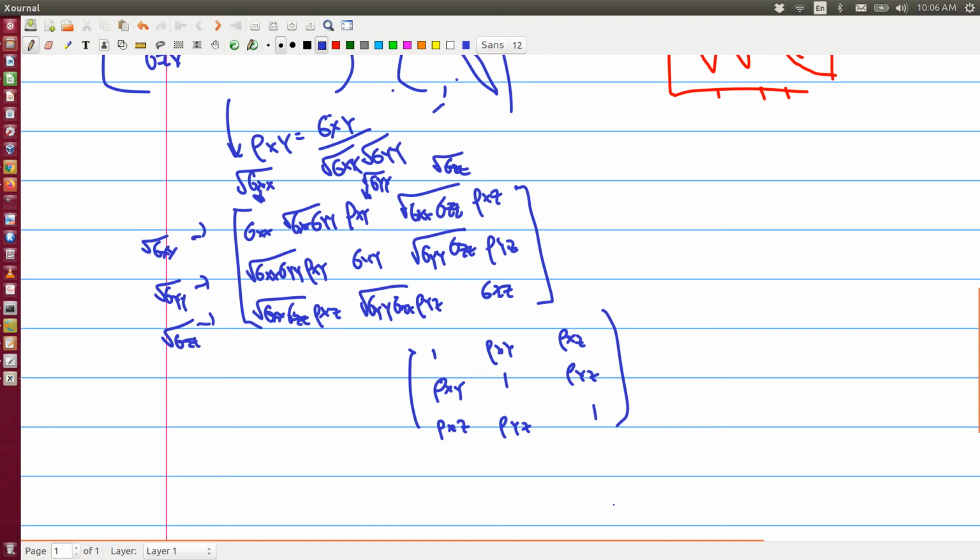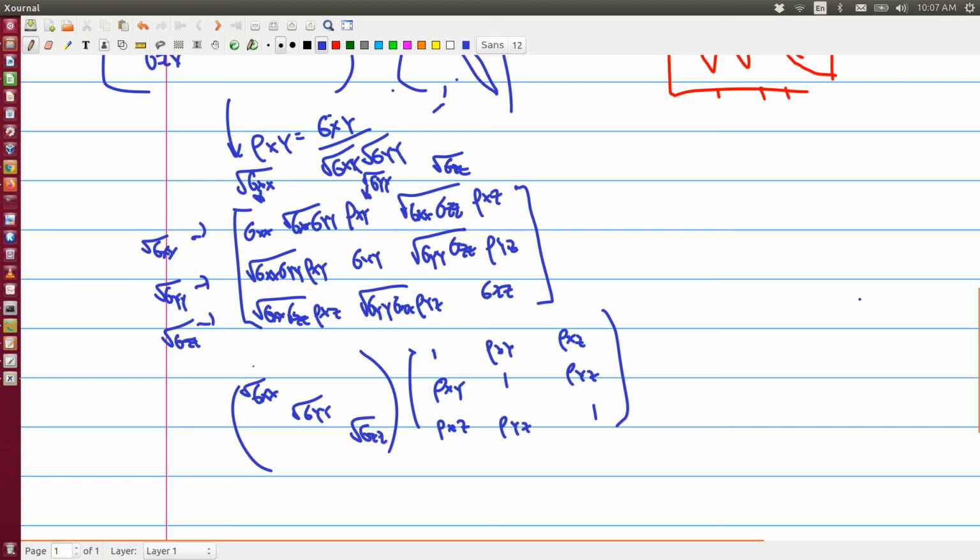Pulling out a factor of the square root of sigma x, sigma y, and sigma z is basically the same as saying multiply this matrix by the square root of sigma x, sigma y, and sigma z.